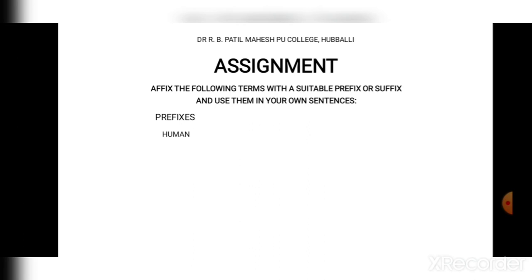The next word is alcohol. The next root word is manage. Next up, usual, spelled, climax, approve, regular, legitimate, and finally moral. So these are the root words to which you should add prefixes.